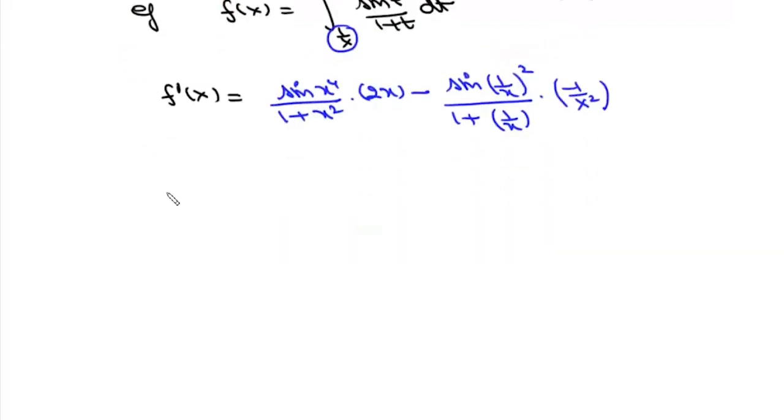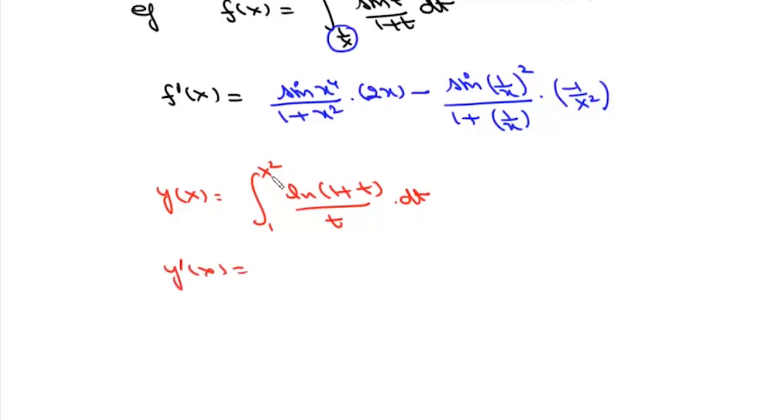Say we have y as a function of x, the integral from 1 to x square of log of 1 plus t upon t dt. Now we have to differentiate this function. The upper limit is x square, so we'll put this upper limit.